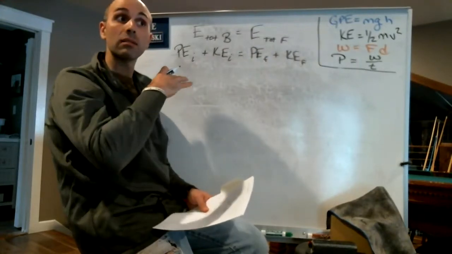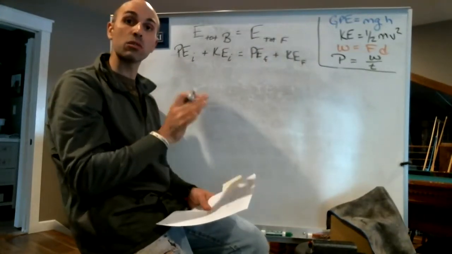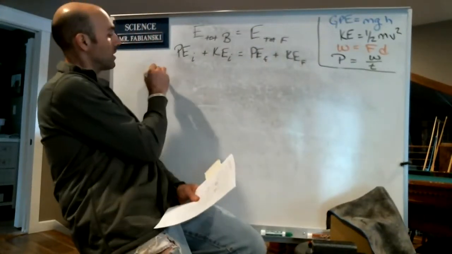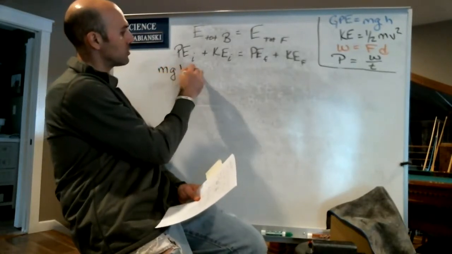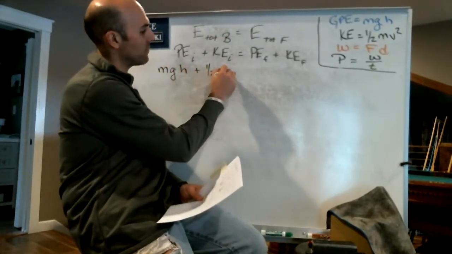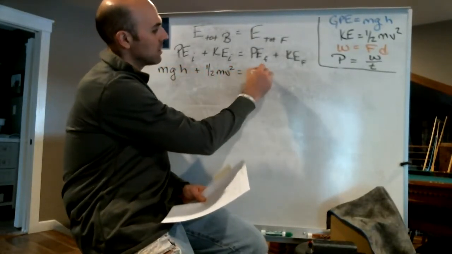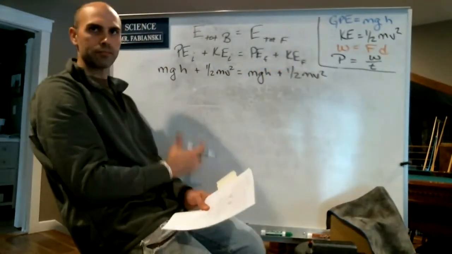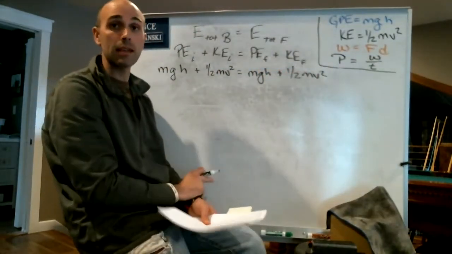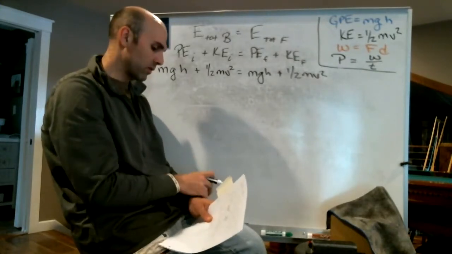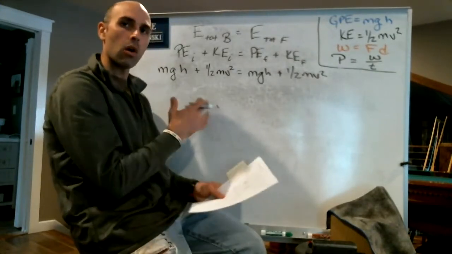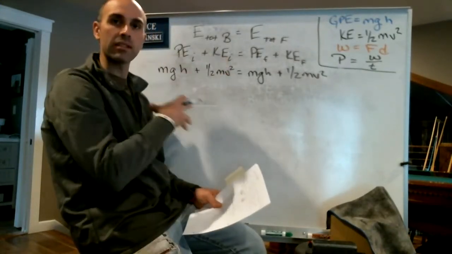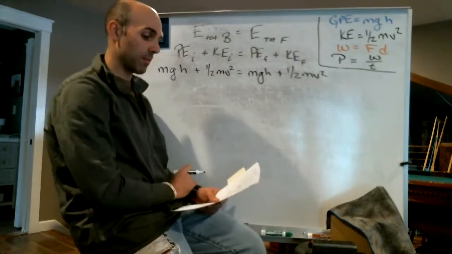Let's put in all of our equations right now so it makes life easy: mgh plus 1/2 mv squared equals mgh plus 1/2 mv squared. They're just the GPE and the KE equations. So we've really done nothing too crazy yet. All we've done so far is just replace variables with equations.